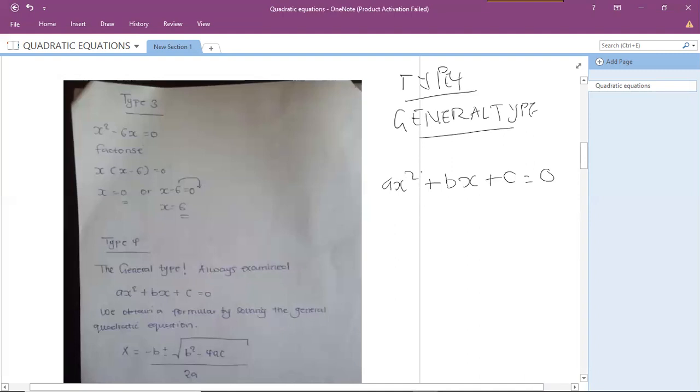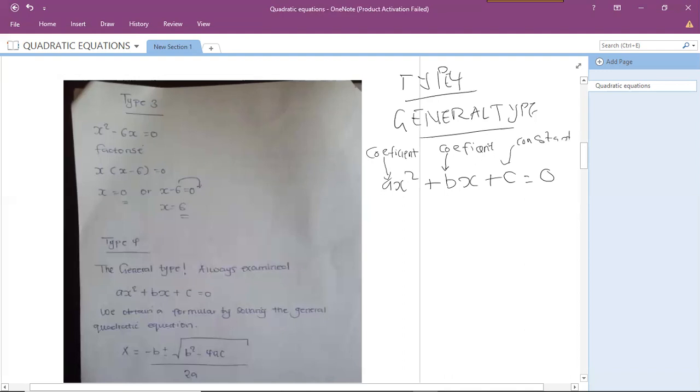Now I want you to know something here. This a and this b are coefficients. This is a coefficient there and it's a coefficient there. And then this one is your constant, without the coefficients.